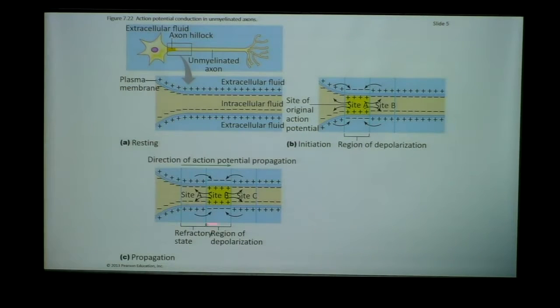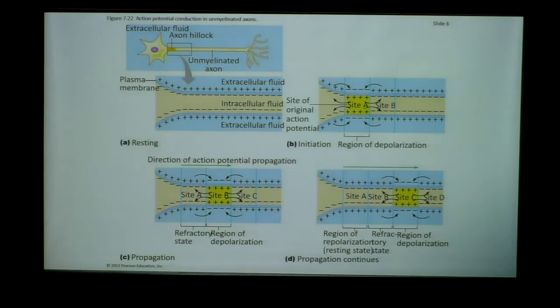The next site, site B, was at rest, but now it's been influenced by site A, such that it now becomes depolarized. So site B is now depolarized, site A is in its refractory period, site C is at rest, okay? And then the next segment becomes depolarized. So site C now gets influence from these voltage-gated sodium channels, right?